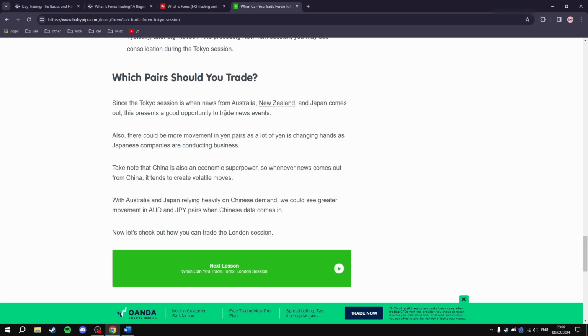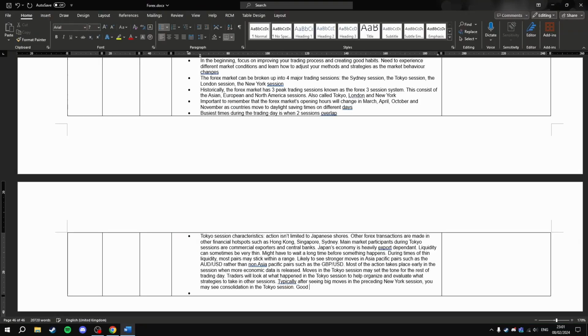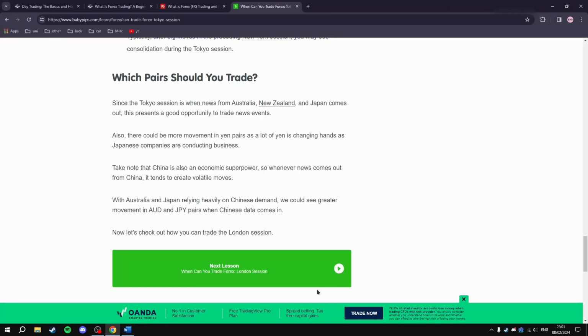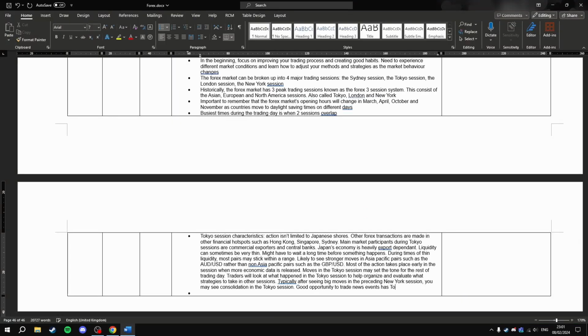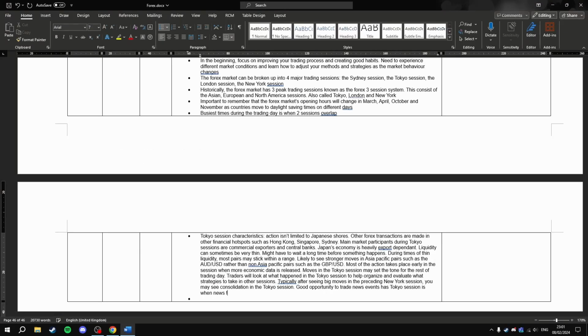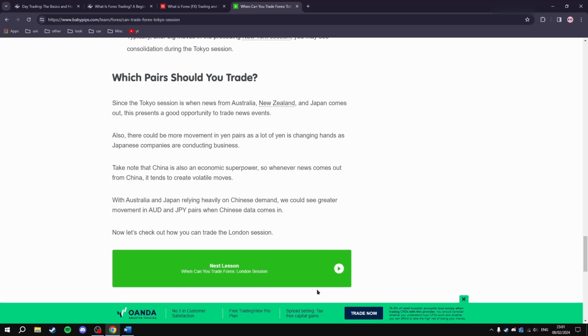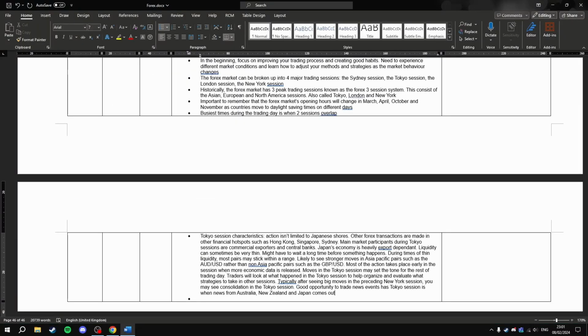Good opportunity to trade news events, as the Tokyo session is when news from Australia, New Zealand and Japan comes out.